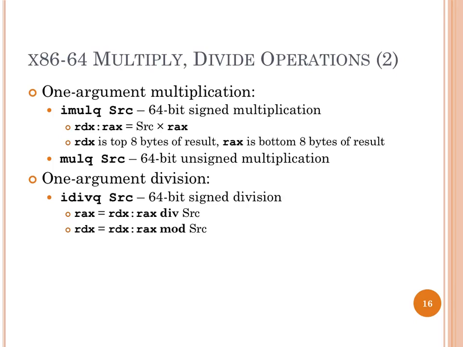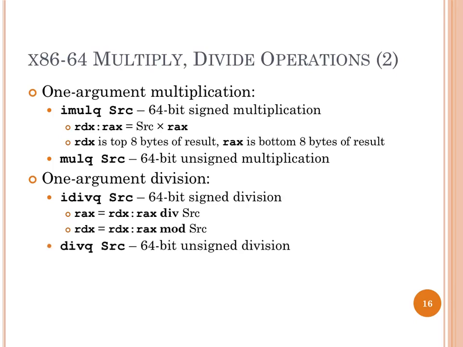And basically, source is divided into the combination of RDX and RAX. Okay, so you can take a 128-bit value, divide it by a 64-bit value, and you end up with two 64-bit values, you hope, right? So RAX becomes RDX, RAX divided by the source, so integer division, and then RDX becomes the remainder of that division.